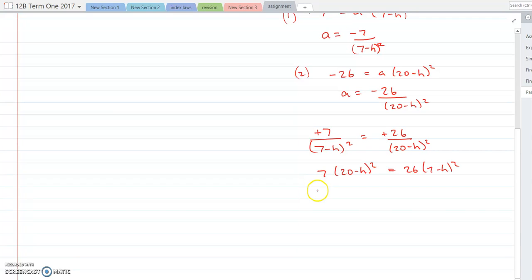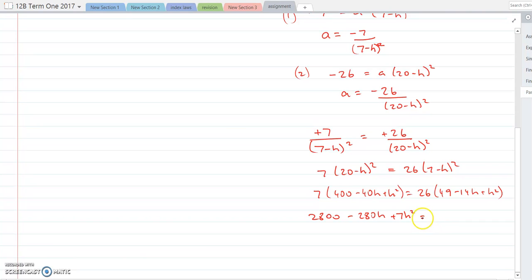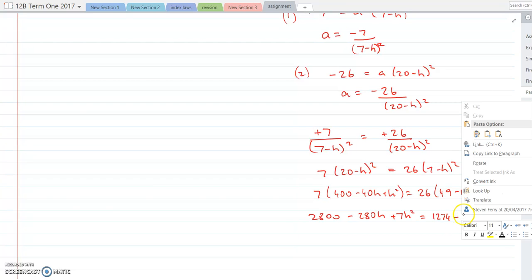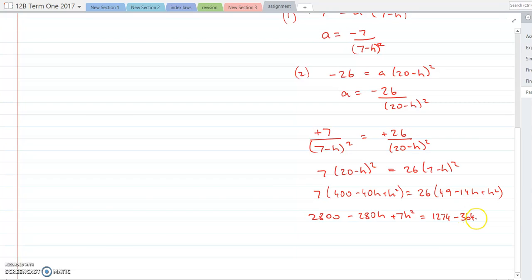If I expand all these, I'm going to get 7 times 400 minus 40h plus h squared equals 26 times 49 minus 14h plus h squared. If I expand it all, 2800 minus 280h plus 7h squared equals 1274 minus 364h plus 26h squared.